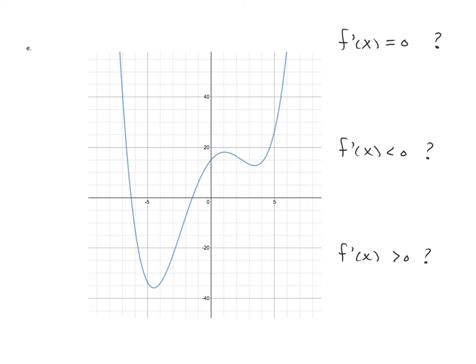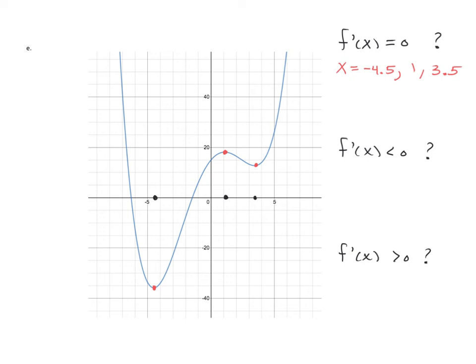All right, where's my derivative 0? Looks like this spot, and this spot. So answers may vary here, but it looks like maybe negative 4.5. I don't know, maybe something close to 1, and then maybe 3.5. Those are my guesses. It'll be good enough. So I know here, here, and here, the derivative is 0.